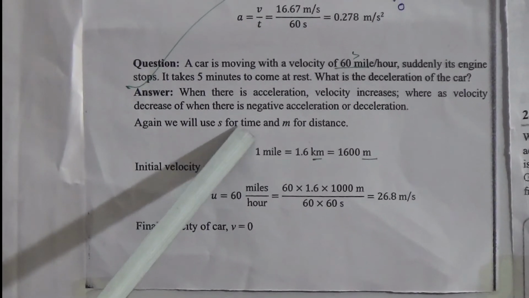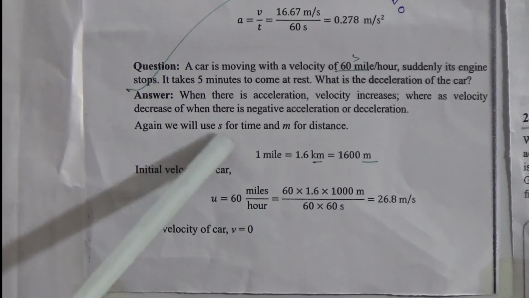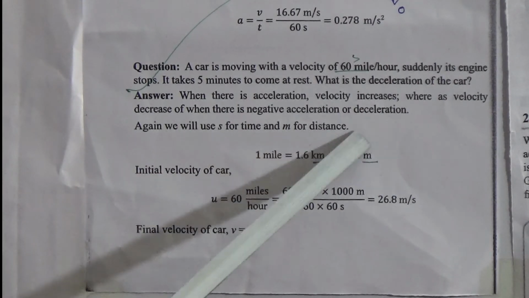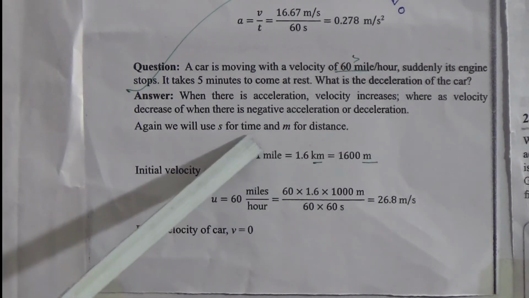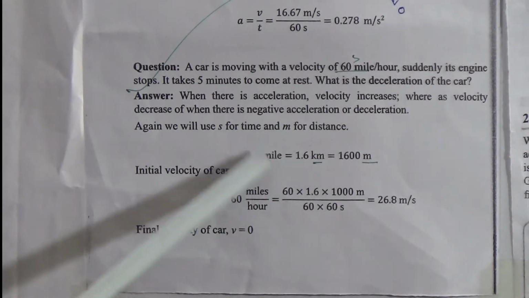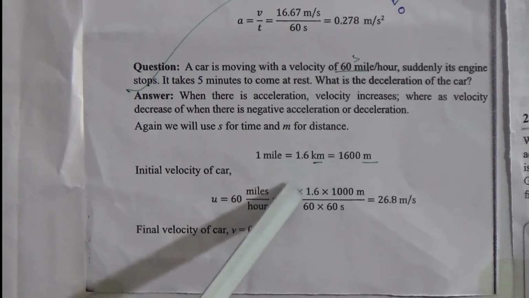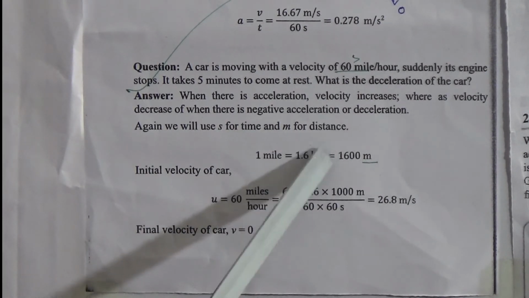Now again we will use s for time and m for distance. We use s for time, s means second, and m for distance, that means meter. Now here our given value equal to 1 mile. At first convert mile to kilometer, then kilometer to meter. 1 mile equal to 1.6 kilometer.